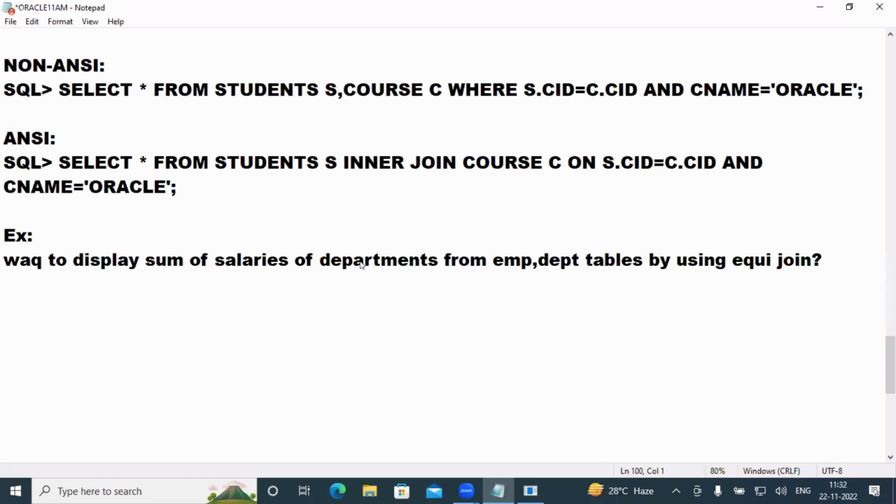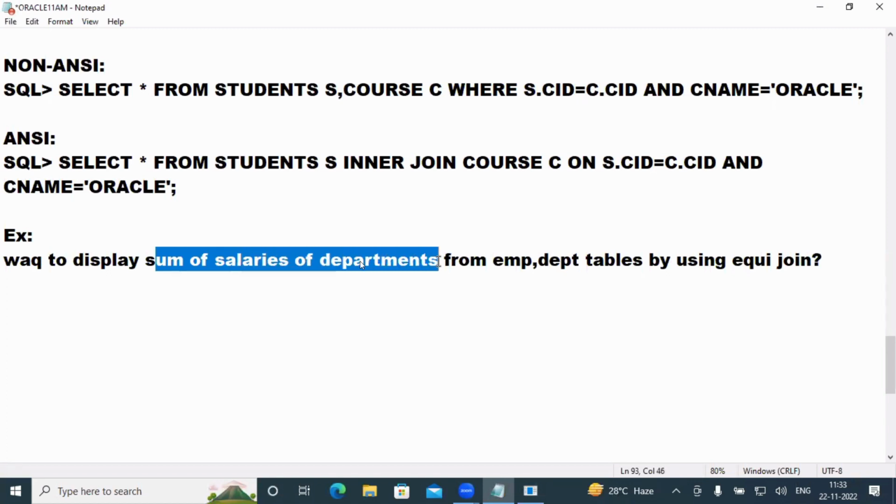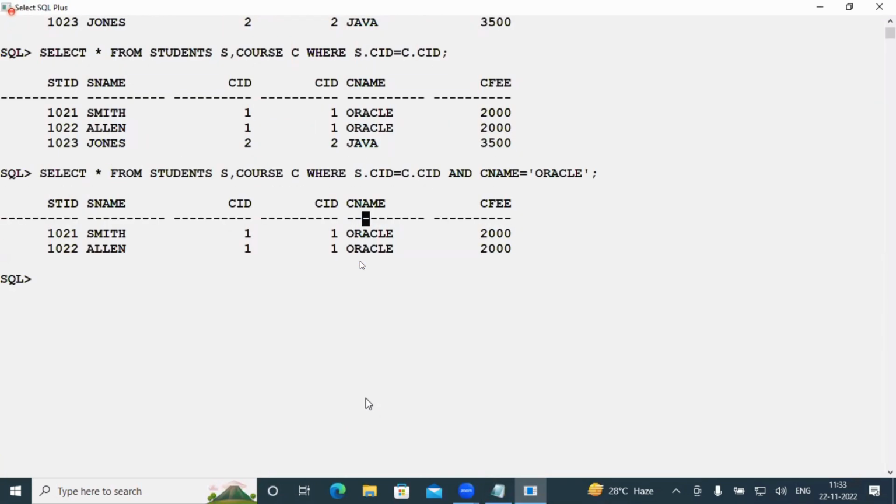In this, first understand the query, guys. Is the query clear now? What am I asking here, what do we want to do now? We need to display the sum of salaries of departments from the EMP and DEPT tables by using equi-join.